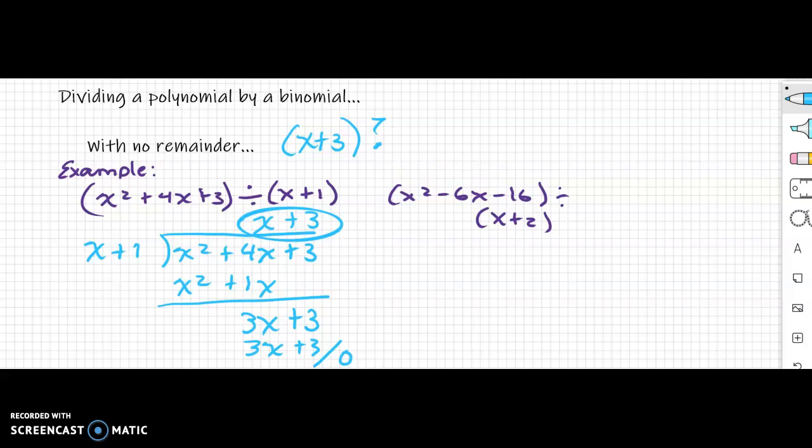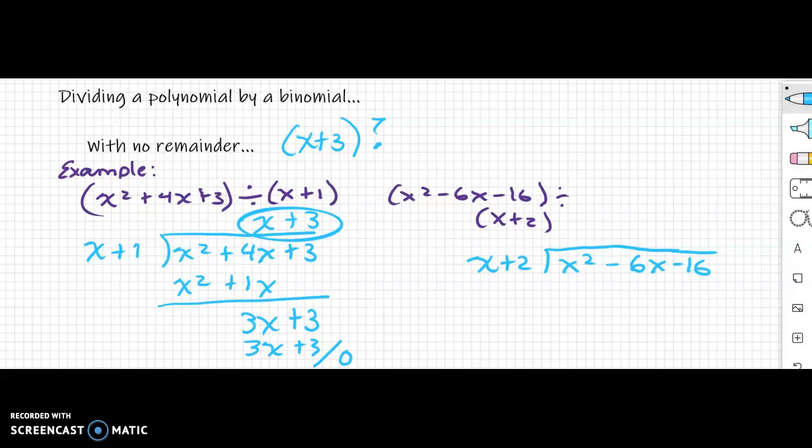So I'm going to do this next one, which I originally was going to do as a practice problem, as another example. Again, I'm going to write down the divisor and the dividend. This should have been minus.